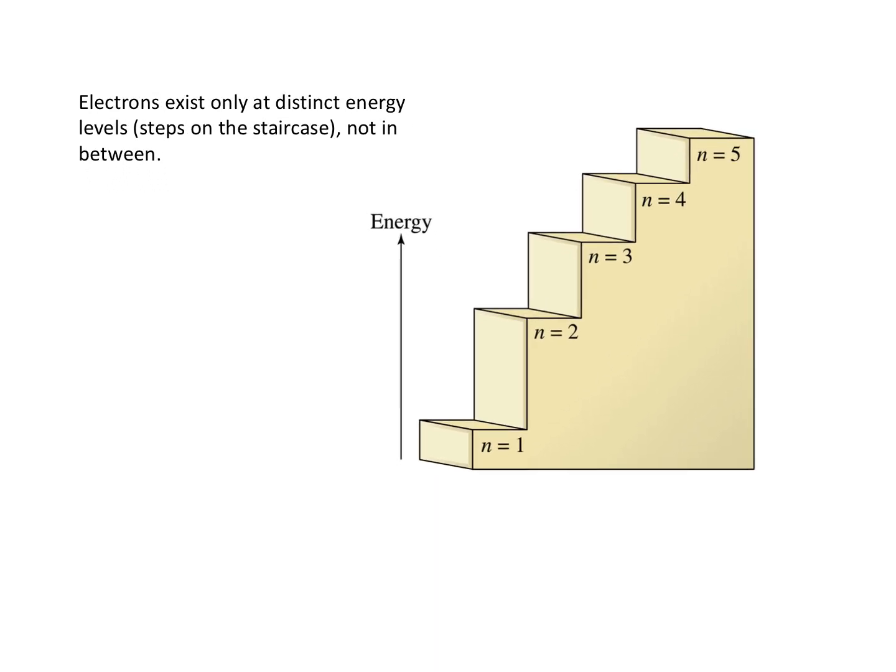And what we know here is that the energy level here, the lowest one, is the closest to the nucleus, right? And it's the lowest in energy, right? And the one that's the farthest away from the nucleus is higher in energy.